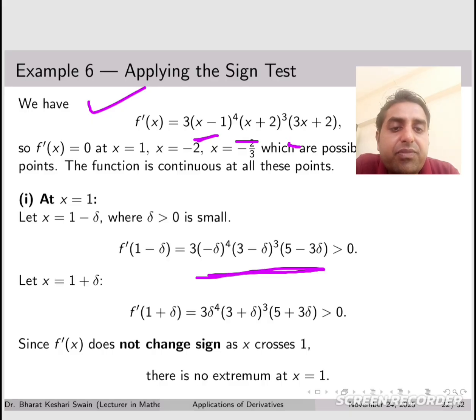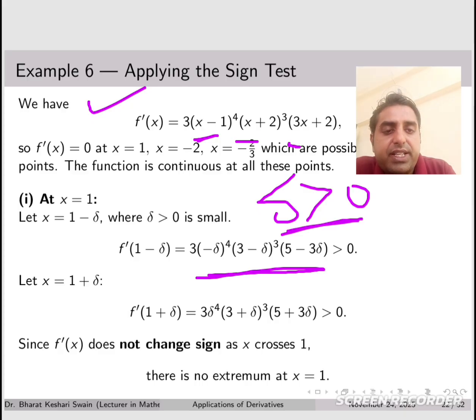Just keep in mind that δ is very, very small, but it is greater than 0. It may be 0.01, 0.001 like this. It is positive, but very small.